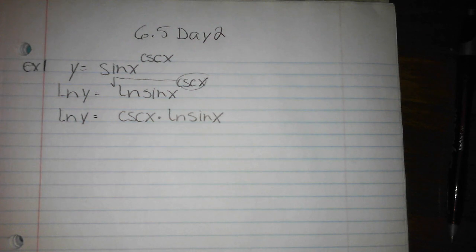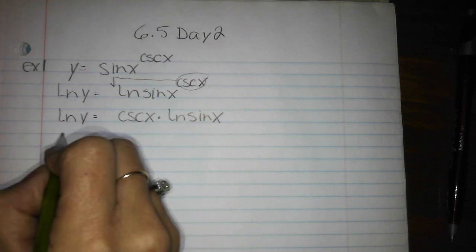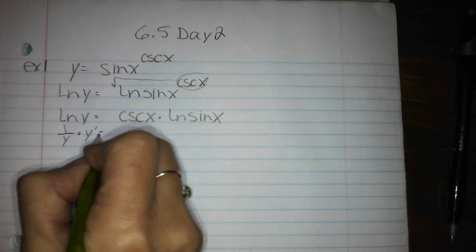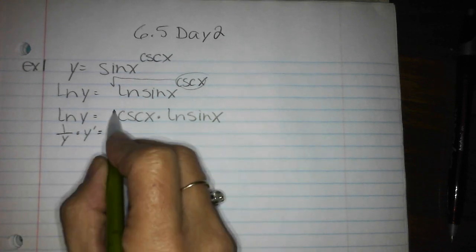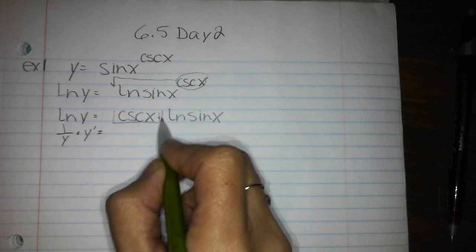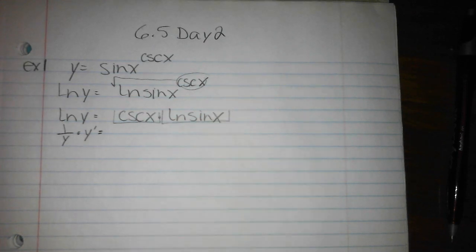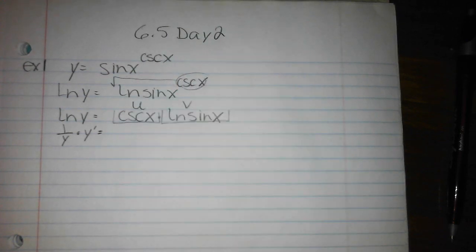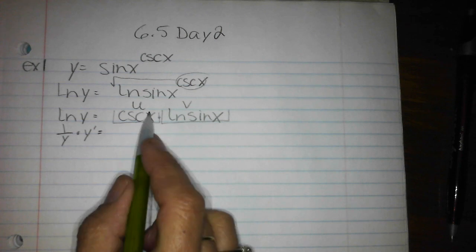Ready for derivative? 1 over y, y prime. Here, notice x term times x term. Do not just do derivative times derivative. This follows product rule. So here we go. u prime: derivative of cosecant is negative cosecant cotangent.